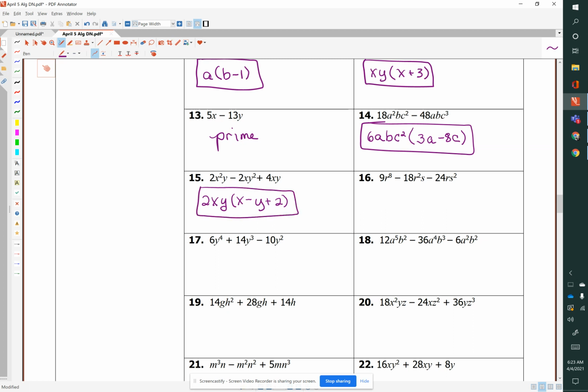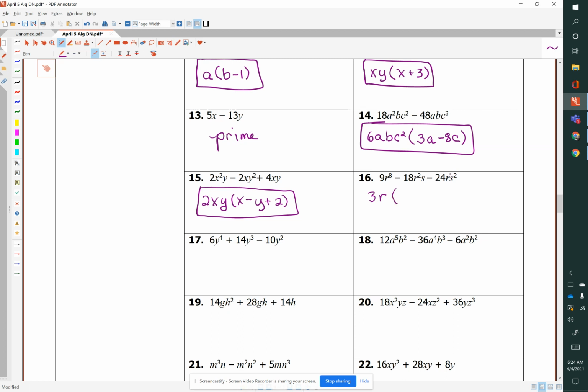And number 16, 9r to the 8th power minus 18r squared s minus 24rs squared. Everything's got an r. We cannot take an s out, but everything is divisible by 3. That's the largest common factor. So we pull out 3, and we can pull out only one r, because our lowest exponent is a 1 right there.